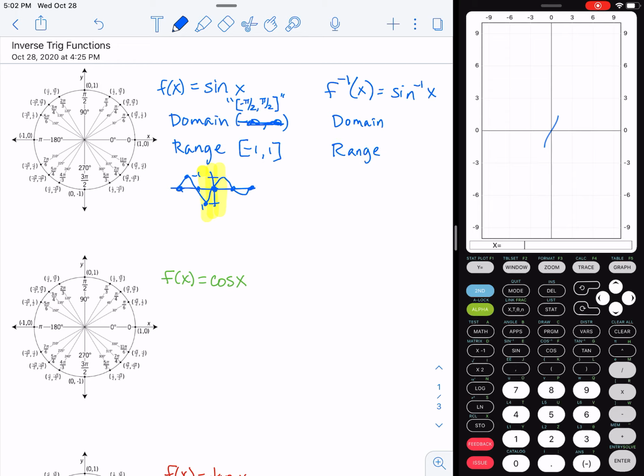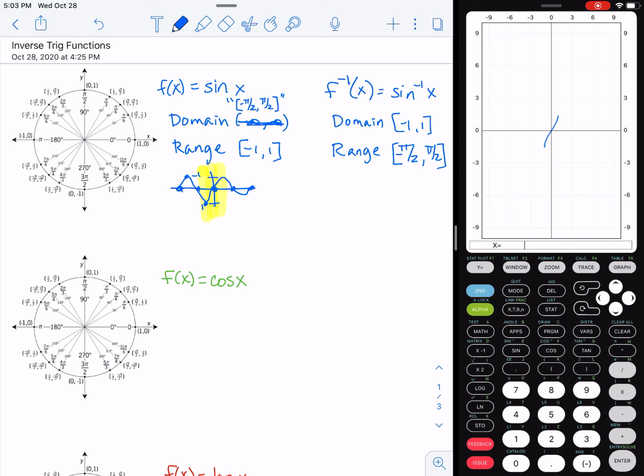So when I'm looking at this arc sine, and I'm talking about the inverse, what we have learned in the past is that when you switch your x and your y values and you do that reflection over the line y equals x, the domain becomes the range and the range becomes the domain.